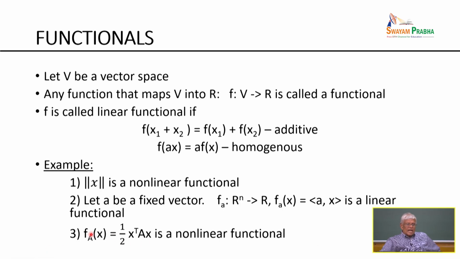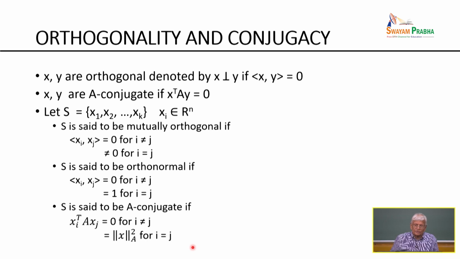Given a matrix A, f subscript A of x is 1/2 of x transpose Ax. That's a nonlinear functional. With me? Come on, guys. That's a nonlinear function. So function, functionals. Examples of functionals. The next one is called the orthogonality and conjugacy property.